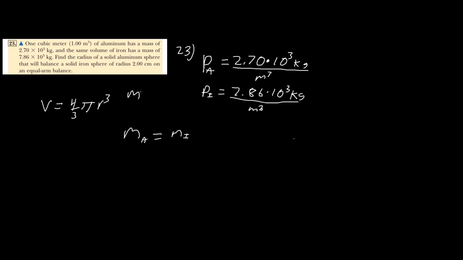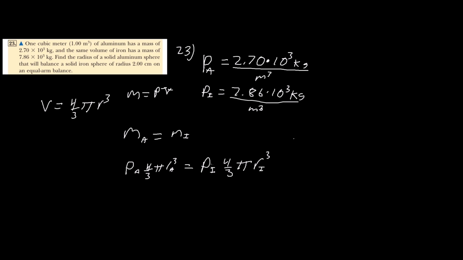So in order to get the mass, you just multiply the density by its volume. So we're going to take the density of the aluminum multiplied by the volume of the aluminum, or in this case 4/3 pi r cubed of the aluminum, and this equals the density of the iron times 4/3 pi r cubed of the iron.